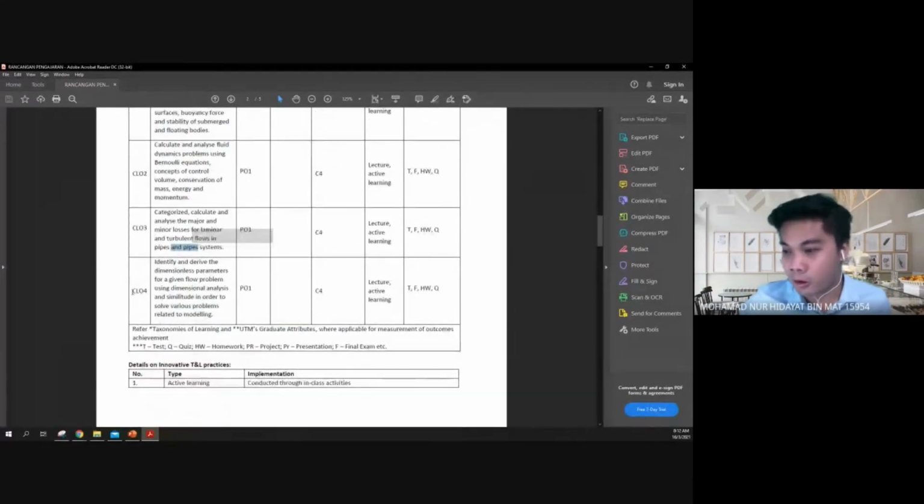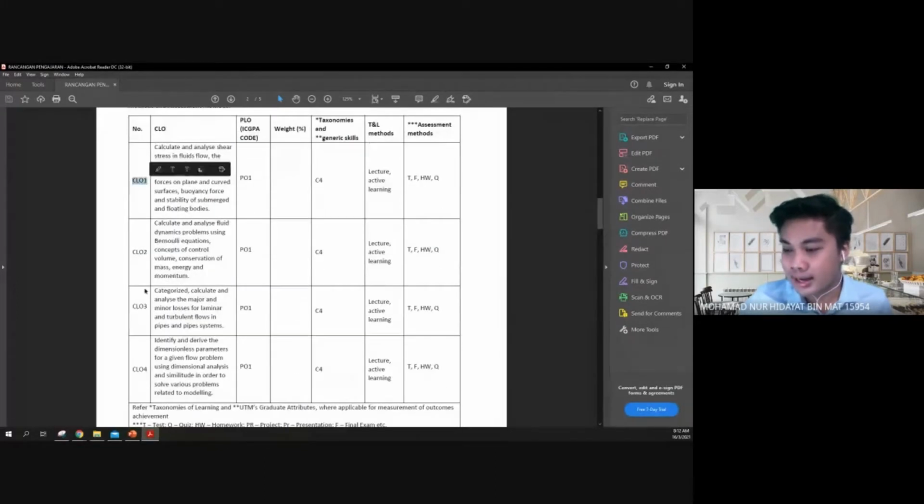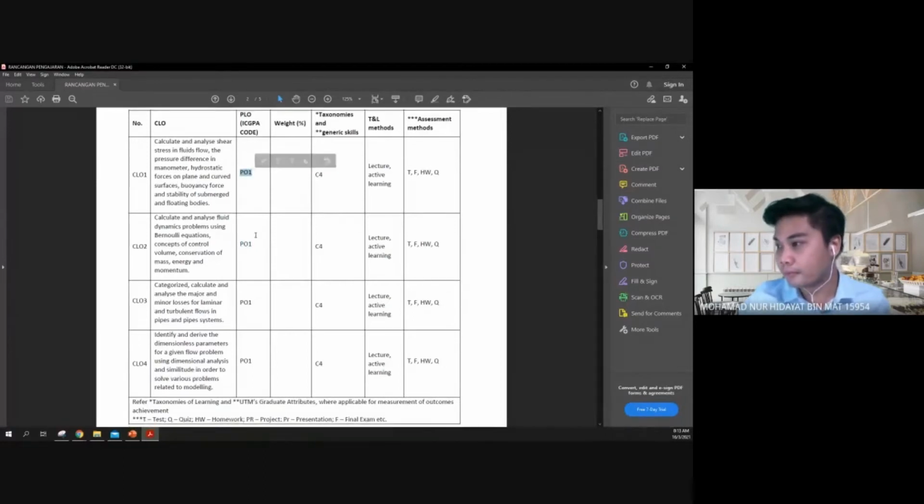And number 4, you need to understand the dimensionless parameters that contribute to dimensionless analysis and similitude study. So CLO1 until CLO4 will contribute to PO1, which is program outcome number 1. All these 4 are going to contribute to PO1.